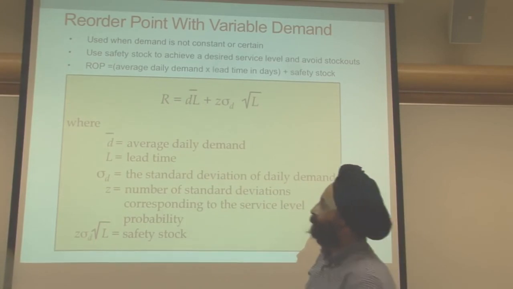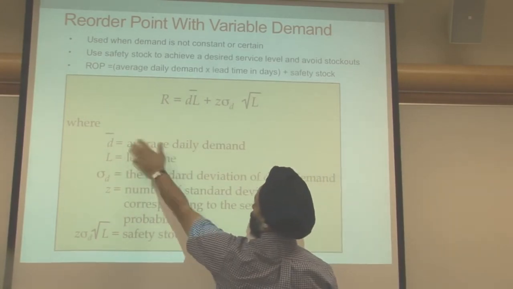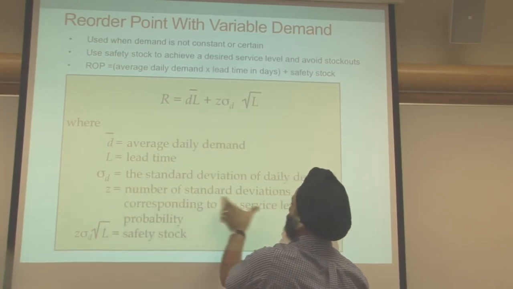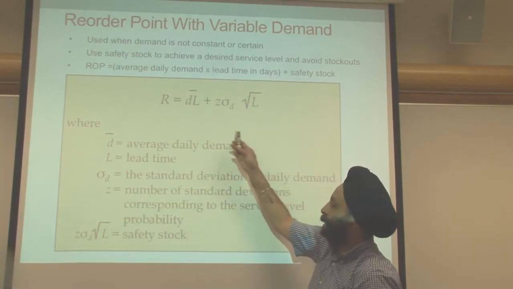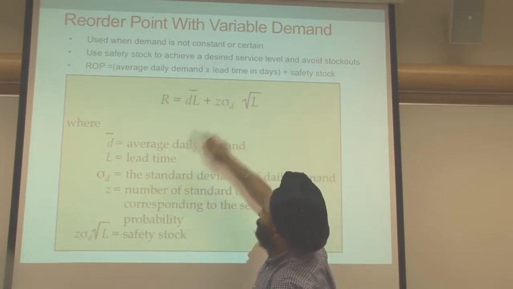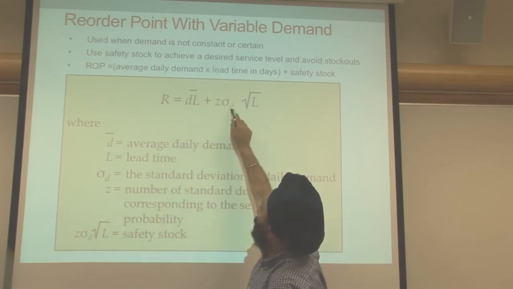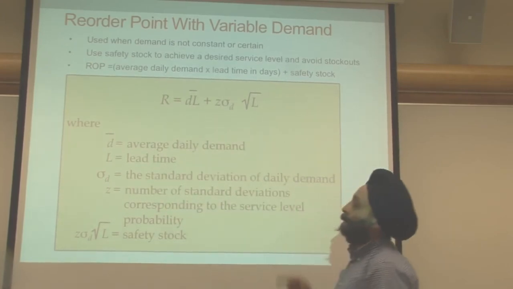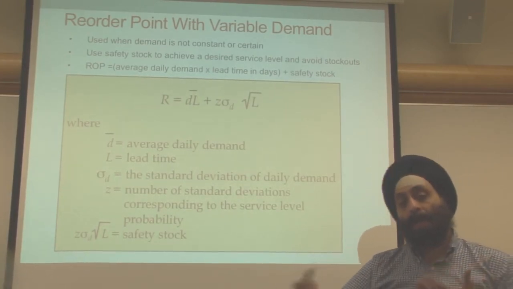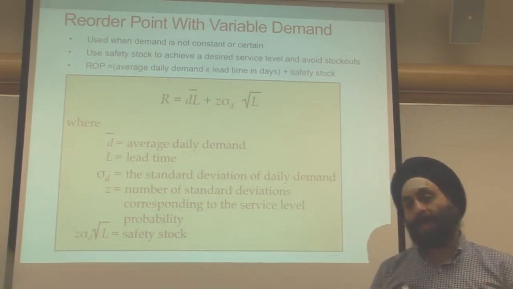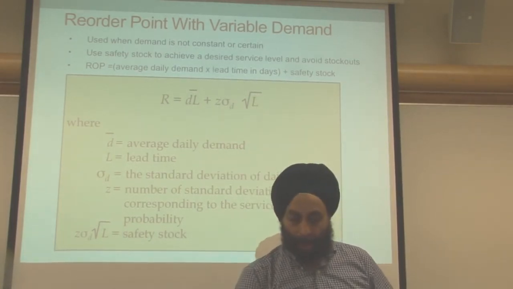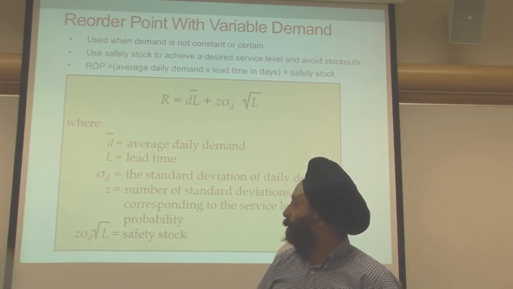So we have the average daily demand times the lead time in days, plus the Z value, the number of standard deviations corresponding to the service level probability. Sigma D is the standard deviation of daily demand. But now we need the standard deviation of demand over the lead time, not just for one day. So that's where the square root of L has to be multiplied in to calculate the safety stock altogether.